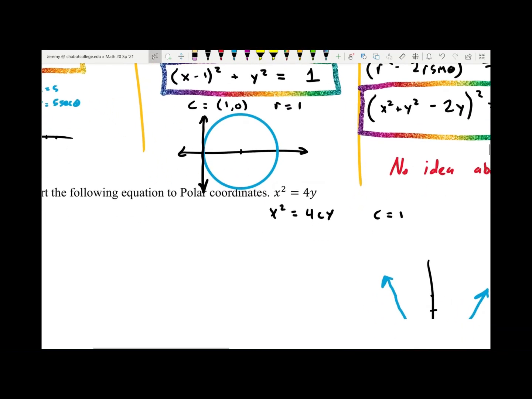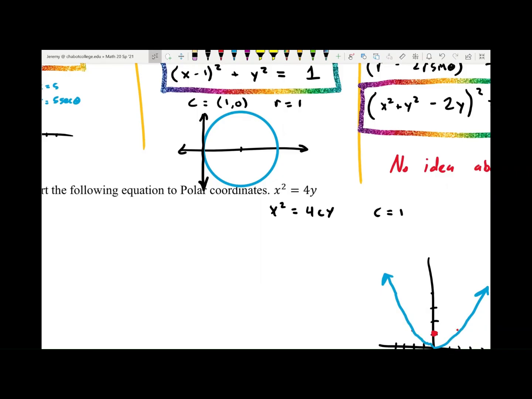So I'm just going to replace x and y. I'm going to rewrite this as x replaced with r cosine theta, and then this is equal to 4 times y, which is the same as r sine theta.